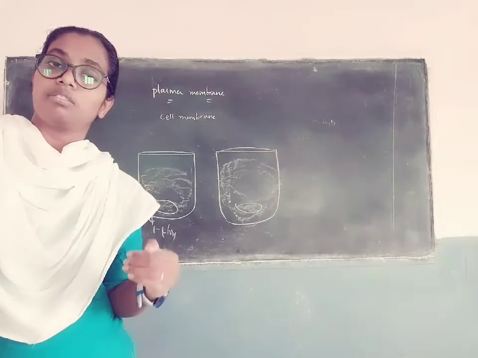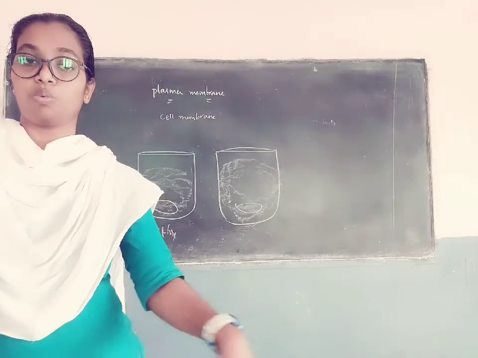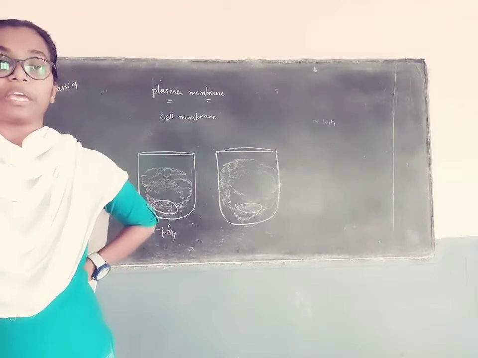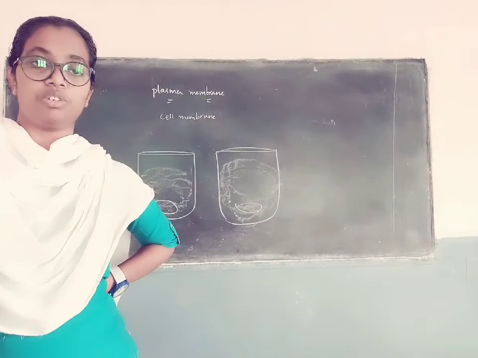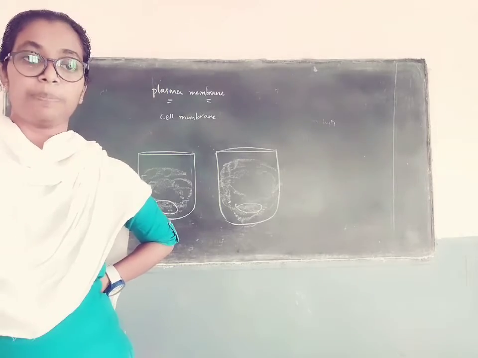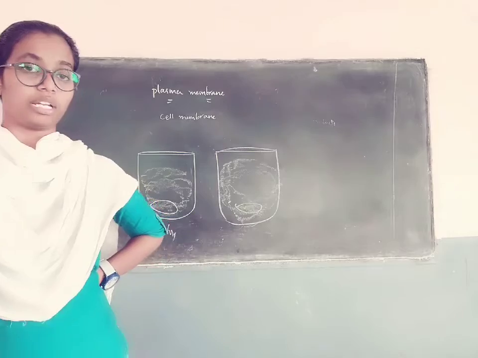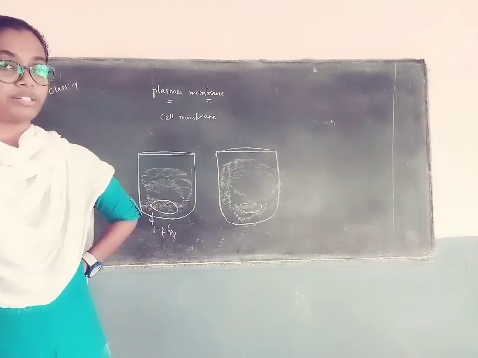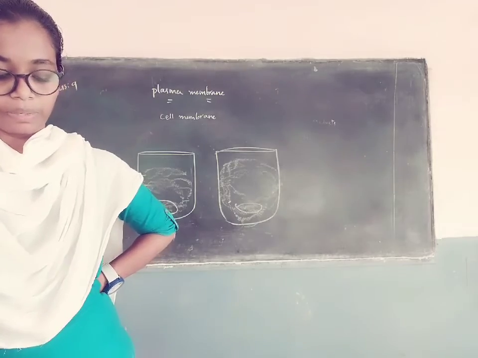Here the potato containing sugar solution has absorbed water from the beaker, while the beaker filled with sugar solution has not allowed any kind of water into its body. Okay, due to the plasma membrane.